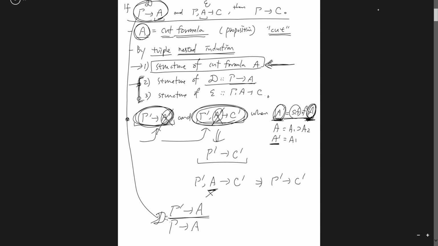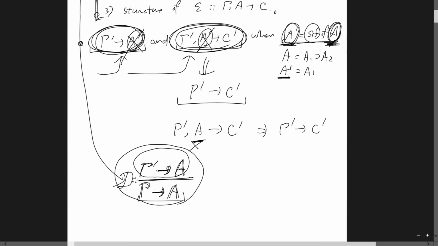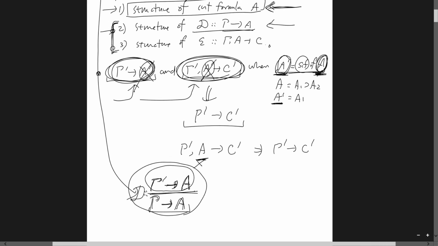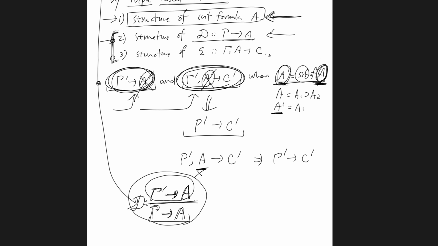The conclusion is of course gamma arrow A, and the premise has this sequent, gamma prime right arrow A. Now the proof of this sequent is strictly smaller than this one. So therefore, thanks to the second case in this nested induction, we can apply induction and generate a new result.